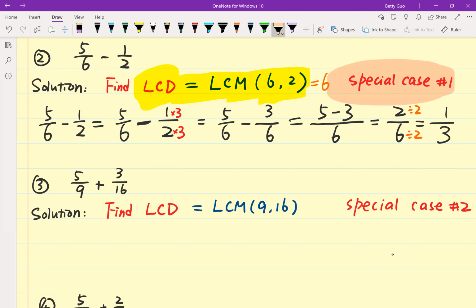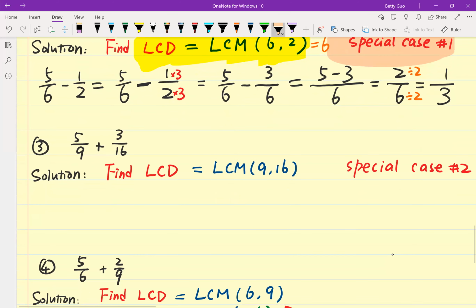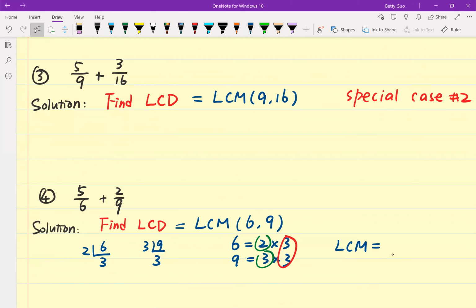So once again, feel free to ask any question. Number 3, let's see the next example. We are going to take the sum of 5 over 9 and 3 over 16. We are adding two fractions. Tell me, do the two fractions have the same denominator?